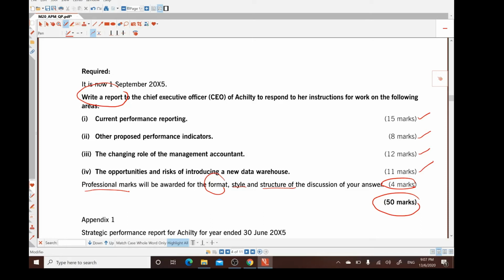We are talking about the drafting of the report, so you have to make sure you apply the right format, and that the style of the report and the structure of the answer are appropriately applied. That's pretty important, okay?